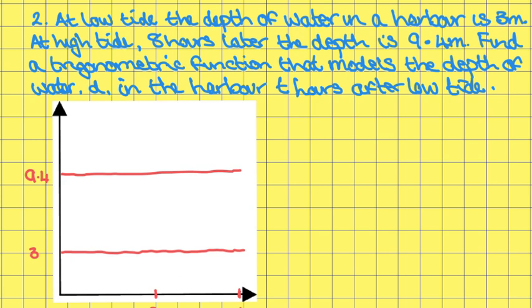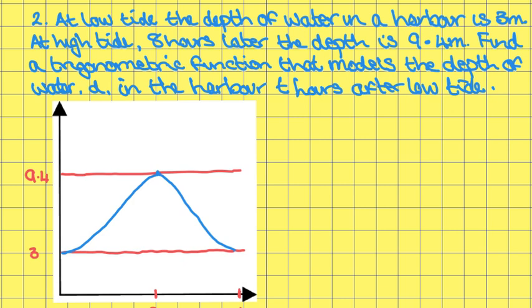So we get a graph that will look something like this. So that's high tide. We'll go up and then back down to low tide. So that is the diagram of our tidal flow model.